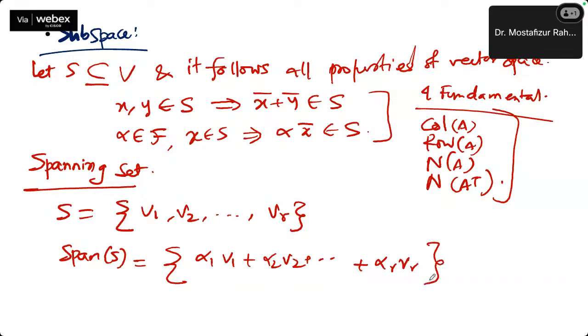This particular linear combination of vectors is called the space spanned by S.